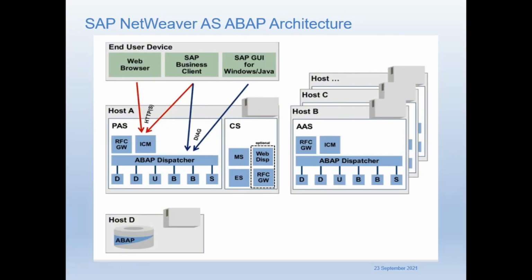Technically, message server is used for the internal communication within the database. Within the database, all the application servers will be connected together, or for the internal communication, message server will be used. Getting guys?